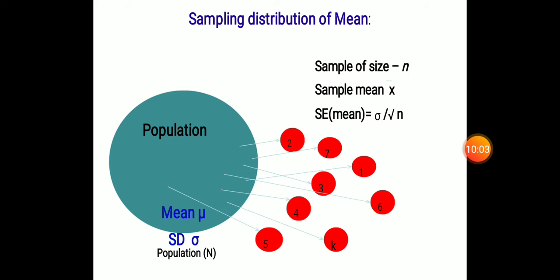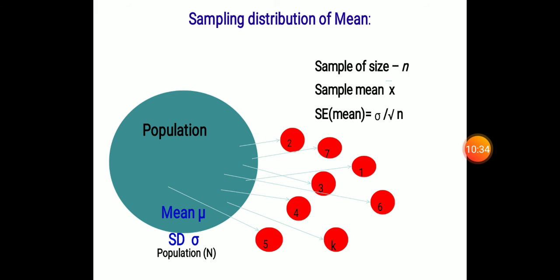For each sample you have selected, you have calculated the mean age. If you construct a frequency distribution table with these sample means, it will always follow a normal distribution whose mean is the same as the population mean mu.